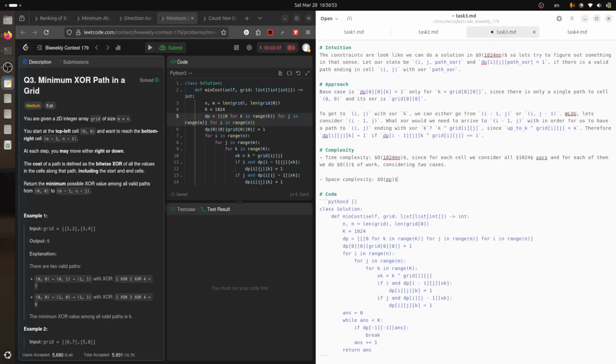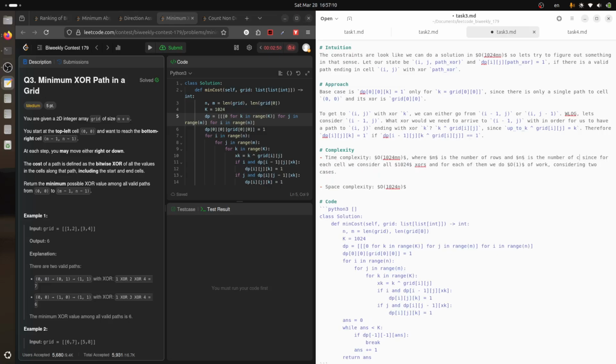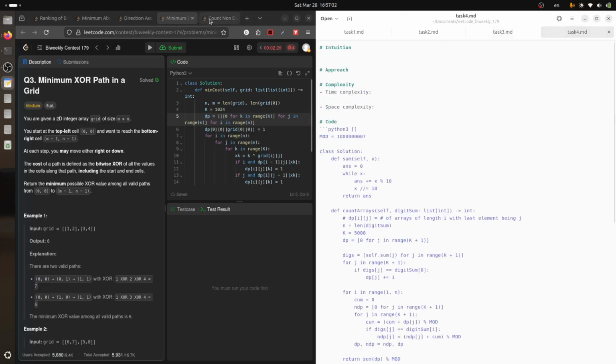The memory can actually be optimized to O(1024 n), where m is the number of rows and n is the number of columns, since results for row i only depend on results for row i-1. Okay.